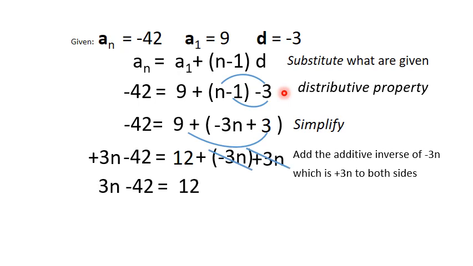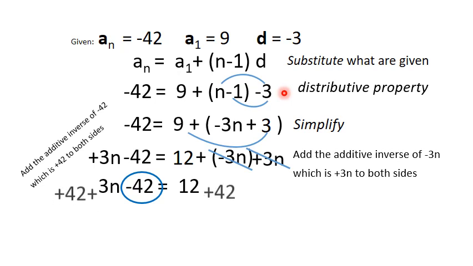The remaining is 12 in the right side, and copy 3n minus 42. Then we're going to eliminate negative 42 by just adding na naman ng additive inverse ng negative 42 is positive 42. So magiging 0 ang positive 42 and negative 42.